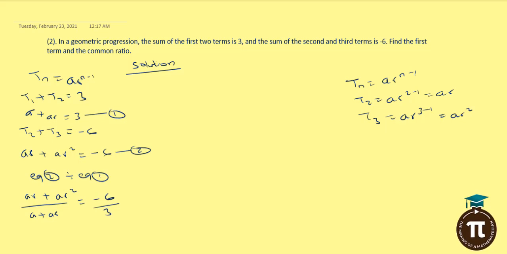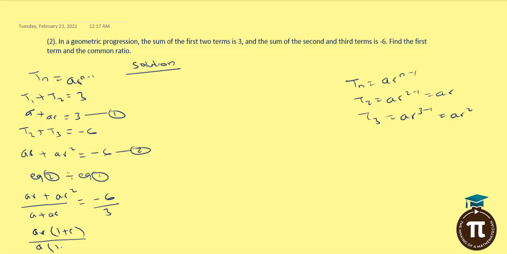If you look at the numerator, ar is common, so factorize ar at the numerator. ar is common, so you'll be left with 1 plus r, all over. Factorize a at the denominator because that's what is common.